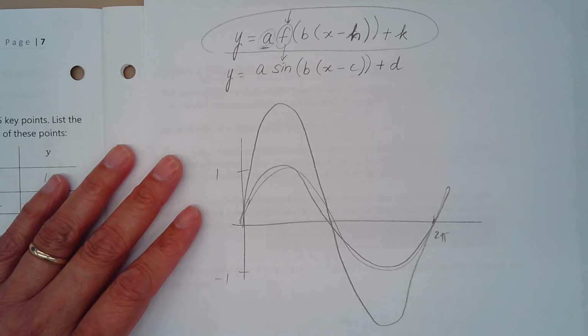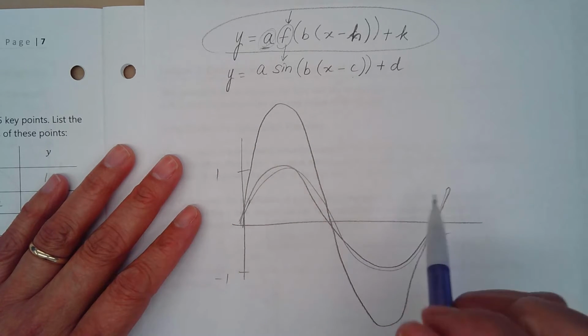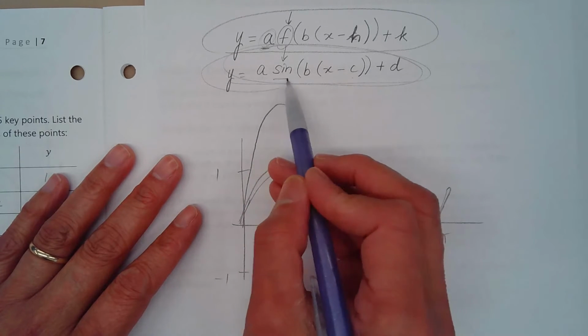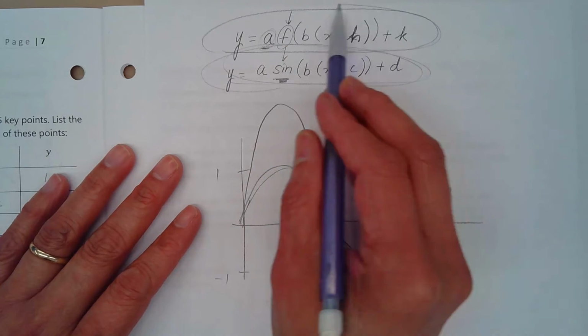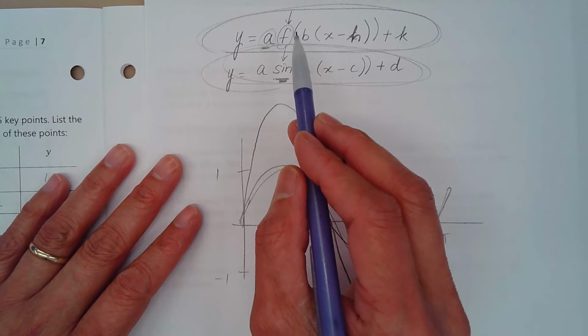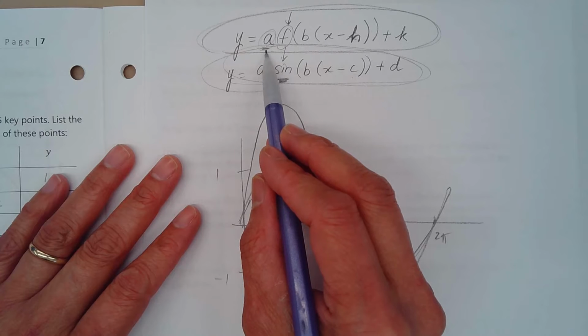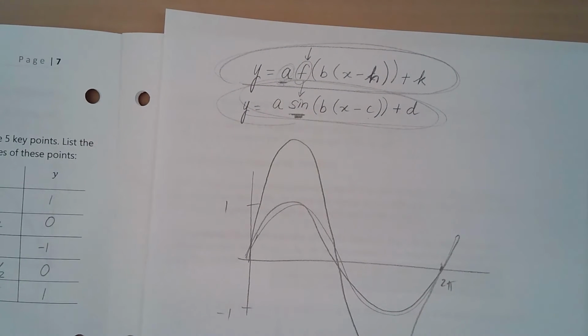Okay, it's nice to always connect to something that we already know, so that this is nothing new to us. The sine function might be new, certainly. We've never seen that one before. But in terms of transforming the sinusoidal function, a is a vertical stretch or compression, or what if a is negative?